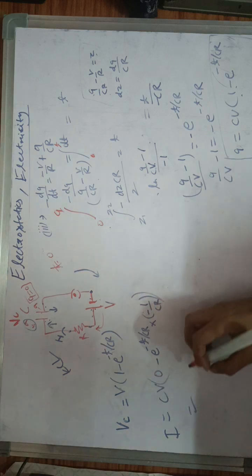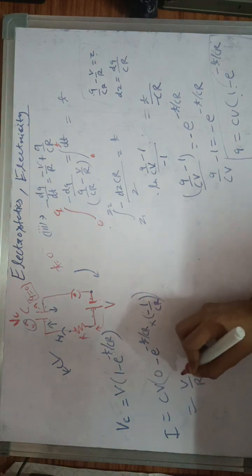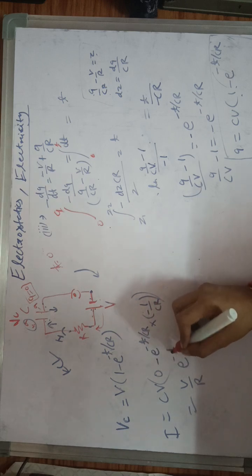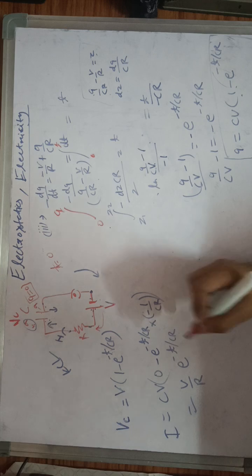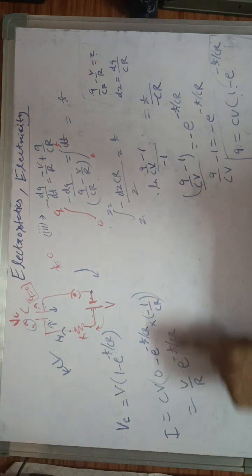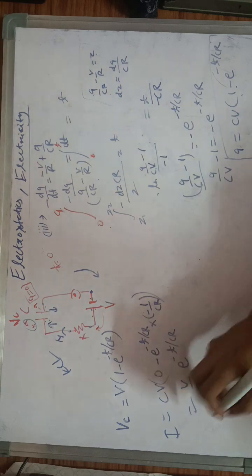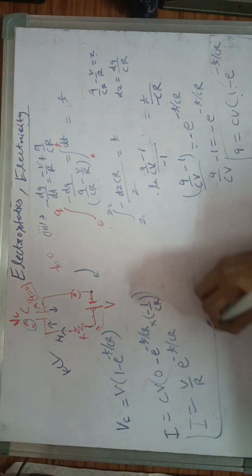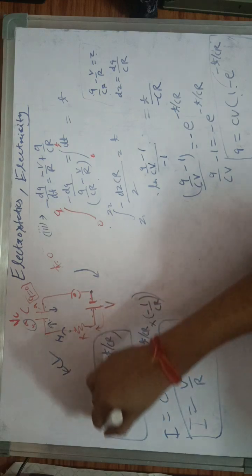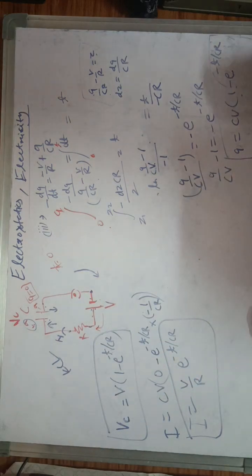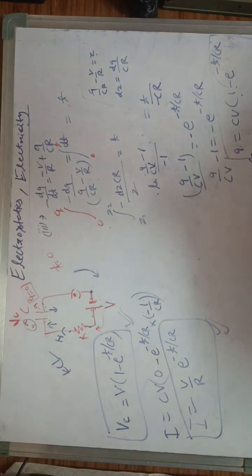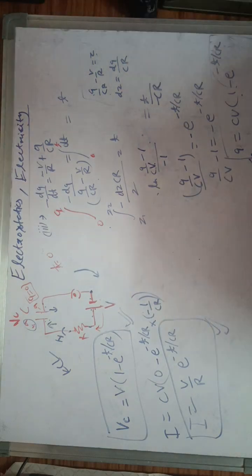That gives V by R bracket minus minus becomes plus. This would be e to the power minus t by CR. C to C cancels and V by R we get here. So the current formula will become this. Potential difference across capacitor would be this, and this is the charge on the capacitor. These are the relations with respect to time.